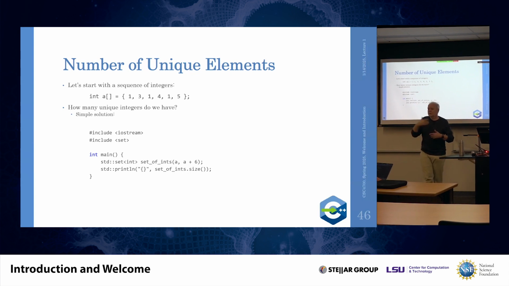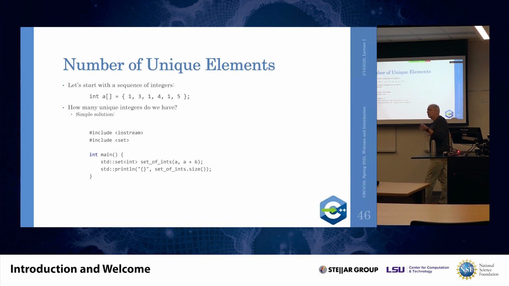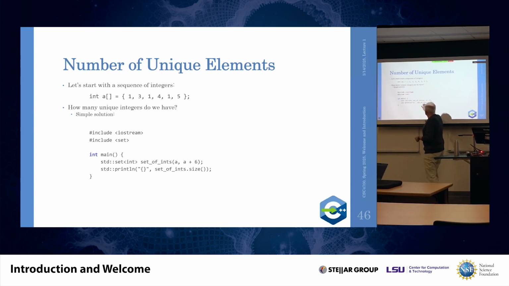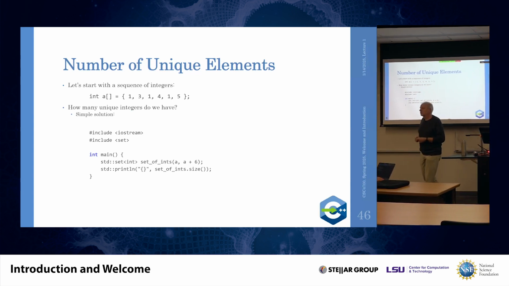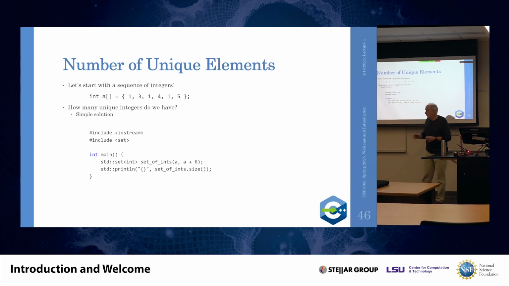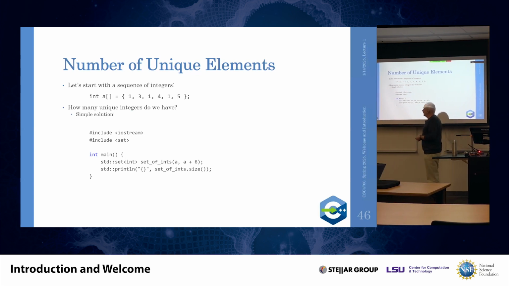The insertion of every number that is already in the set will fail silently. Nothing will happen. And then we can print the number of elements in our set. Sure, you can do it, but it's slow, very slow. And it's the wrong answer.